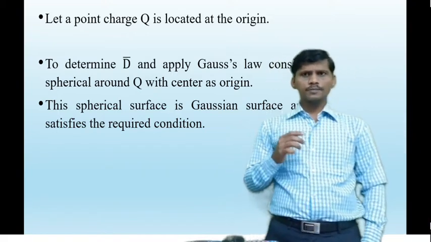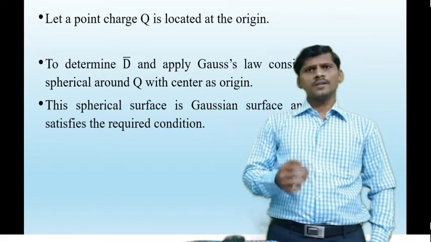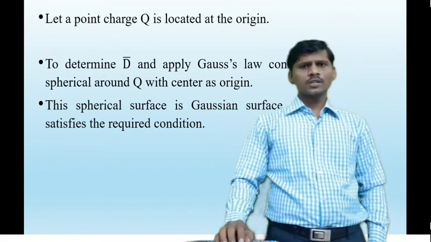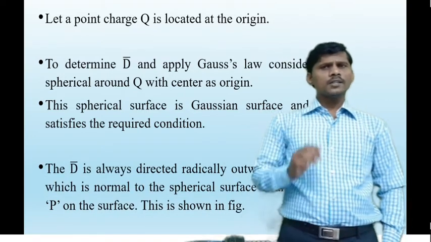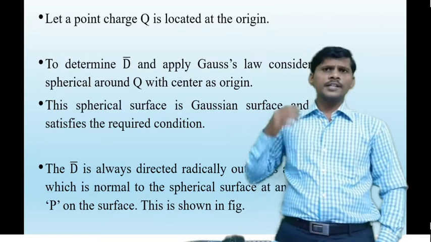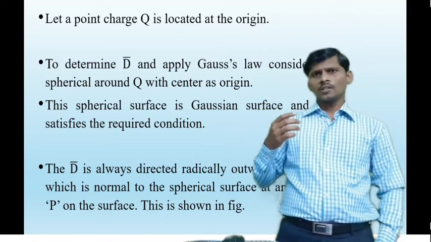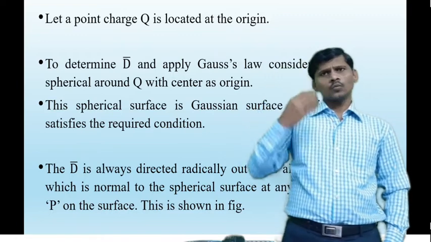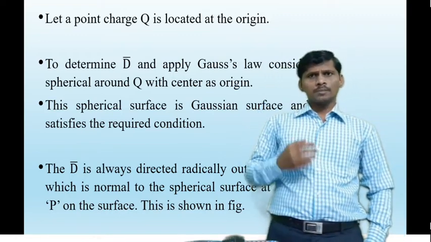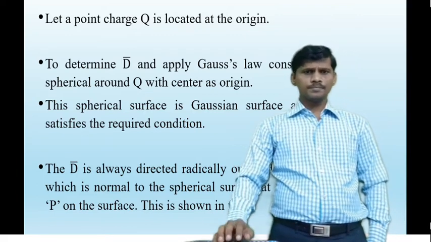The spherical surface is a Gaussian surface. It satisfies the required conditions. What are they? The electric flux density is always in the radial direction, moving radially outward, or perpendicular to the elementary surface sheet.